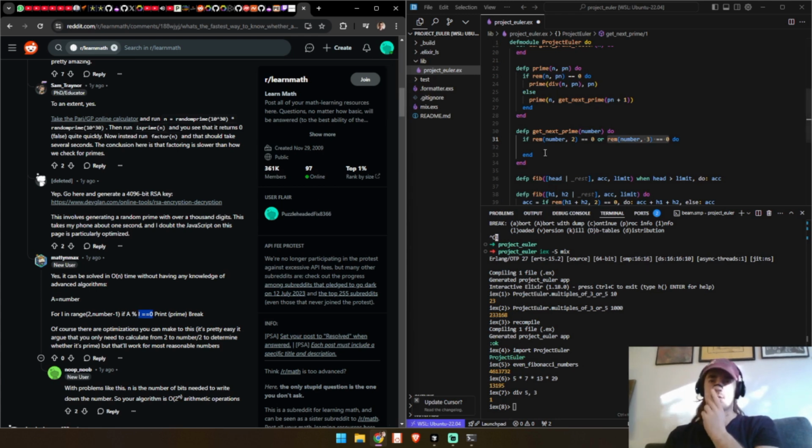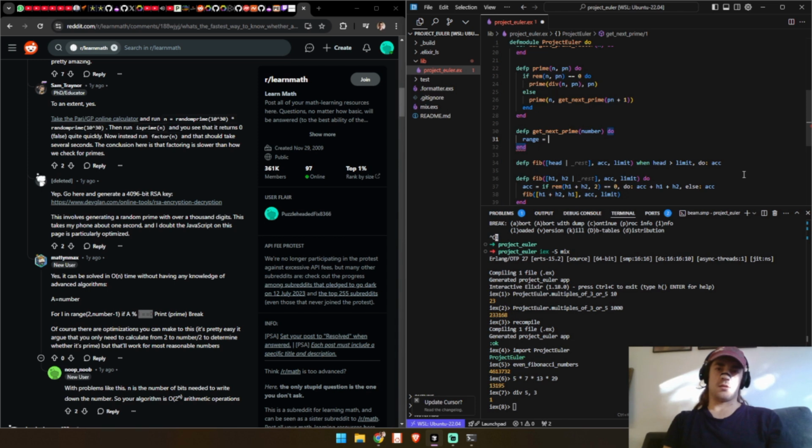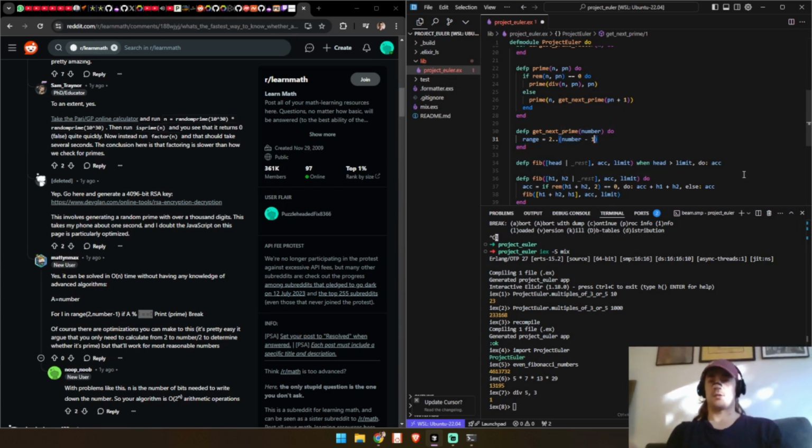Right. Ah, yeah, so that makes sense. So we can make a range between 2 and, in our case, number minus 1. Now the first iteration, number equals 3, which would be 2, so range of 2 to 2 is just 2, right?